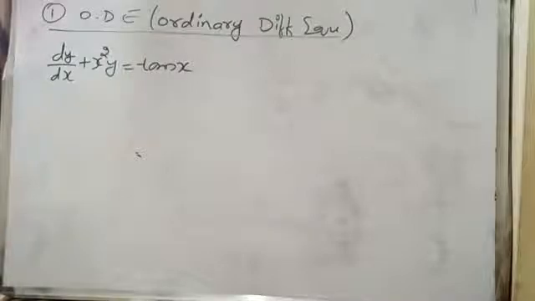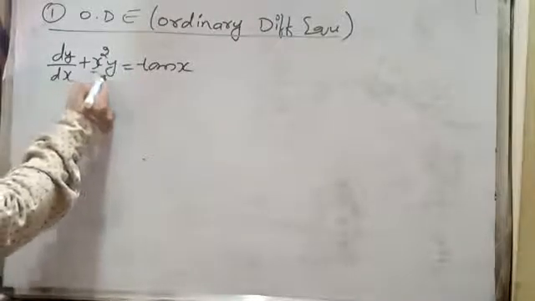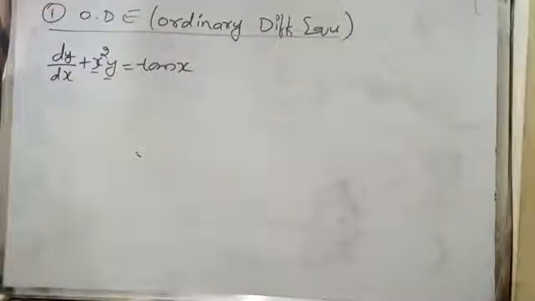If you see this one, dependent and independent variables are there, but the derivative is with respect to which one? You can find here x, that is the independent variable. The derivatives are with respect to the independent variable. Right? So this type of equation is called an ordinary differential equation.